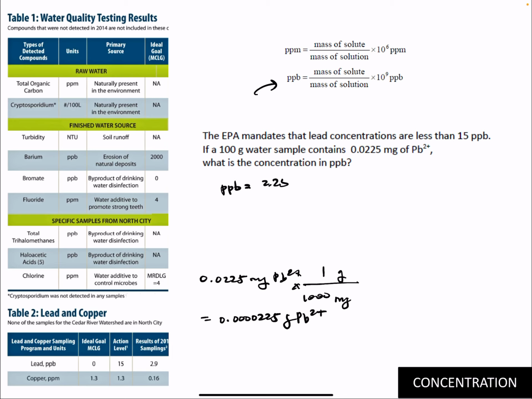So 2.25 times 10 to the negative 5 grams divided by the mass of the solution, 100 grams, times 10 to the 9th equals, and I punch that in, I get 225 ppb. We could also have figured that out as micrograms per liter, or micrograms of lead per 1,000 grams. Either way, that's just doing calculations with those.